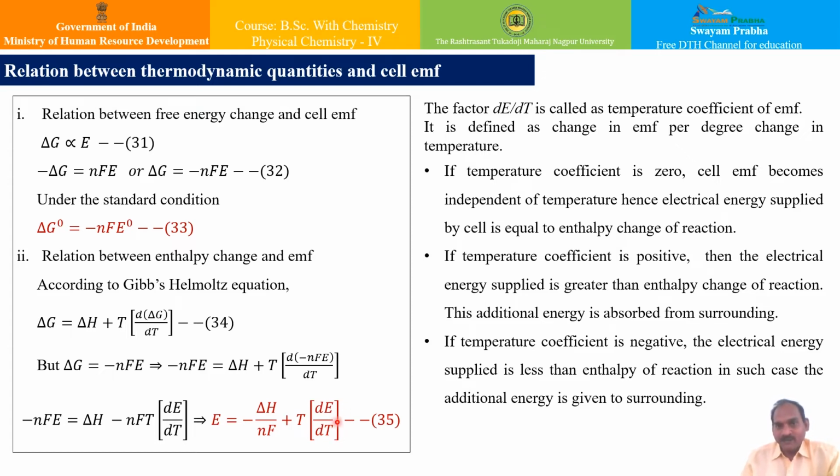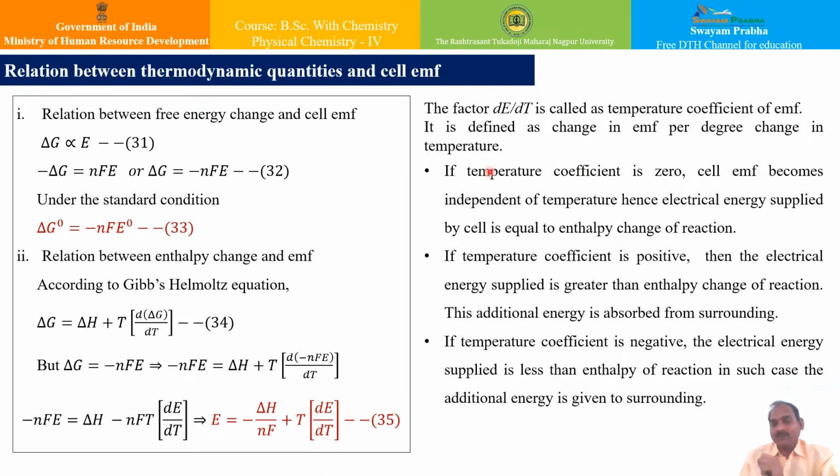In this equation 35, the left hand side is the electrical energy, while the right hand side is the thermal energy. The factor dE by dT is called the temperature coefficient of the EMF, and it is defined as the change in EMF per degree change in temperature. You can see over here, change in EMF per degree change in temperature.